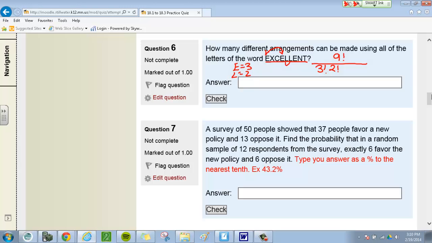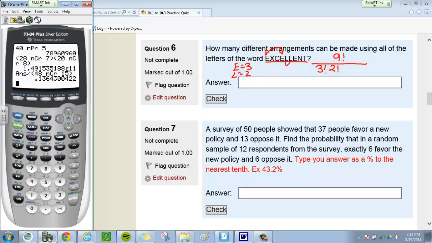So what is this? We've got 3 factorial times 2 factorial. I'll just put it in my calculator. Okay, so we've got 9 factorial divided by, and this is the key thing, make sure you don't forget the parentheses on the bottom, 3 factorial, and we all know 3 factorial is 6. I don't know why I'm doing all this extra work to put this in here.